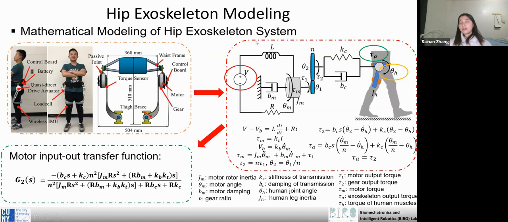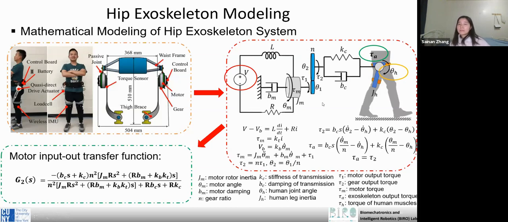For example, we draw the mechanical systems. In this hip exoskeleton, we also use the DC brushless motor. So the motor part is the same as our last class, but it has a gearbox and a transmission to the human.